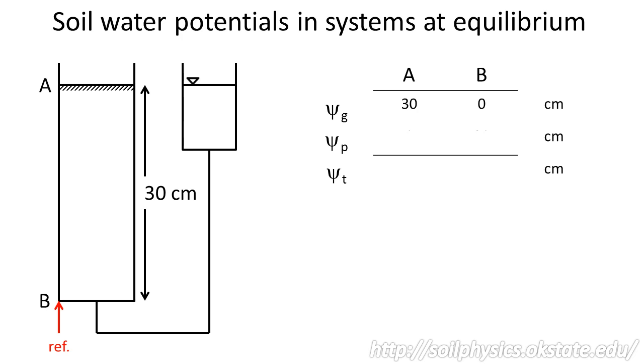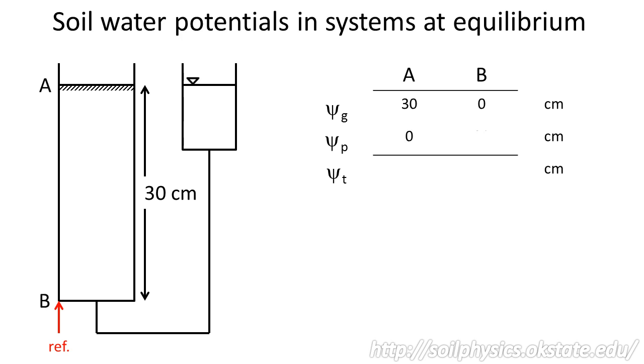Next, we're going to look at the pressure potential at A. Notice that A is on the same elevation with and hydraulically connected to the free water surface. Therefore, the pressure potential at A, when this system is at equilibrium, must be equal to atmospheric pressure, or 0.